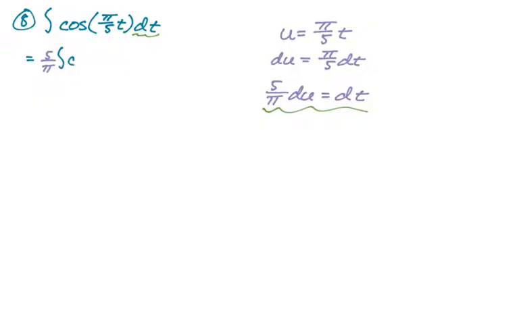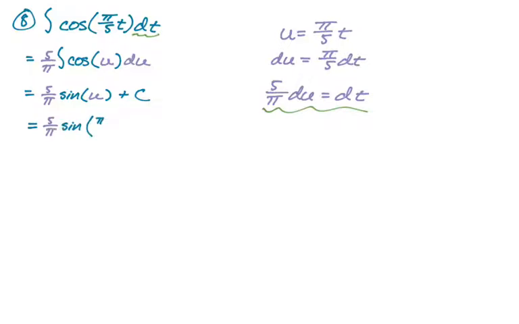It's interesting, you kind of substitute for dx or dt or d whatever, the original differential, before you make other substitutions because you often are pulling out a constant multiple. It's normal. You get used to it. All right, so I know the derivative of sine is cosine, so this is looking good. 5 over pi, and then sine of u plus c, and then we sub back in.